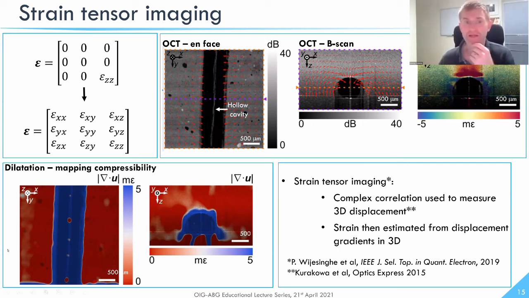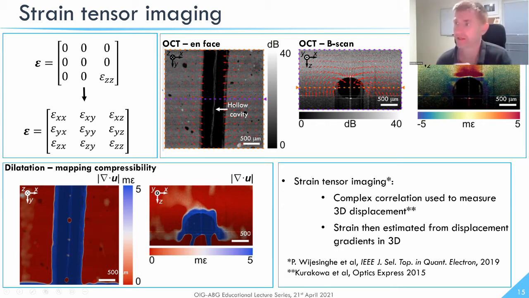So we developed strain tensor imaging, which instead of just assuming the axial component of strain, uses a complex correlation-based approach to measure displacement, enabling us to measure the three spatial components of displacement. Then we can measure strain using similar linear regression approaches to extract the entire tensor.